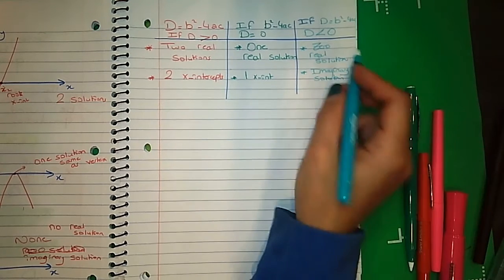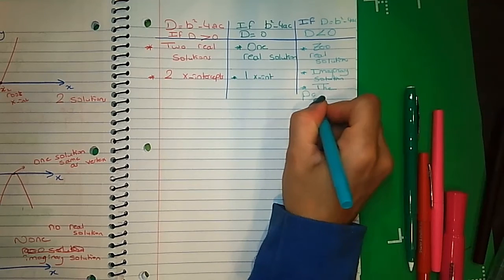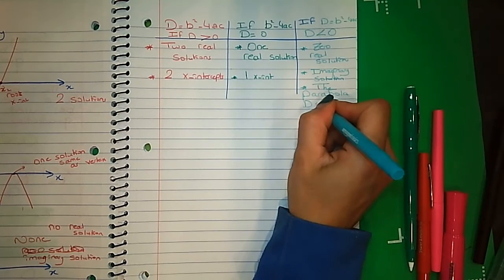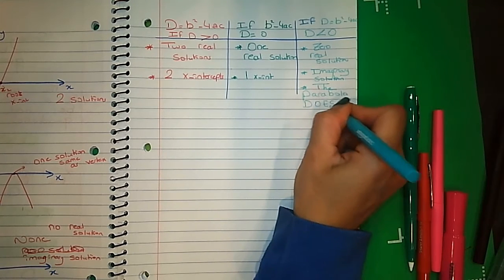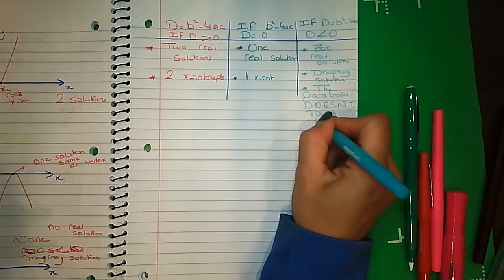Which means the parabola does not, or doesn't, touch the x-axis.